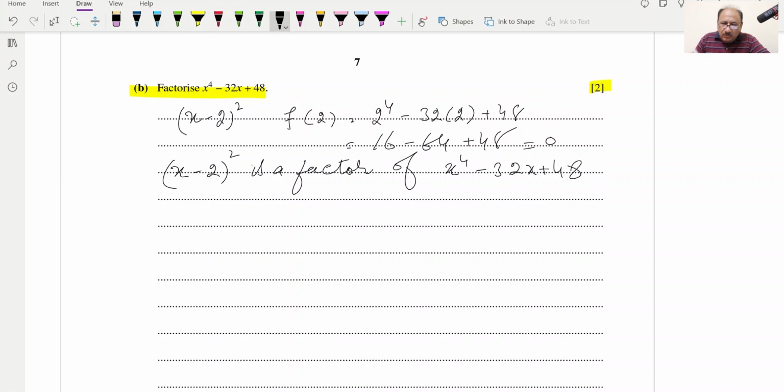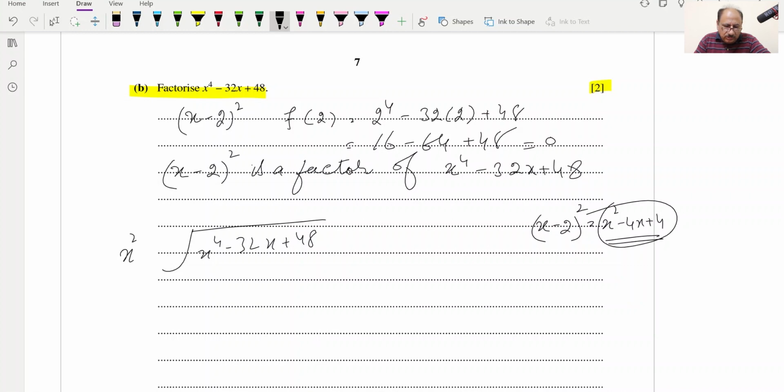Now after this, we know that (x − 2)² we expanded earlier also. (x − 2)² is equal to x² − 4x + 4. This is the expansion. Now we can use this one to divide our term, x⁴ − 32x + 48, by x² − 4x + 4.